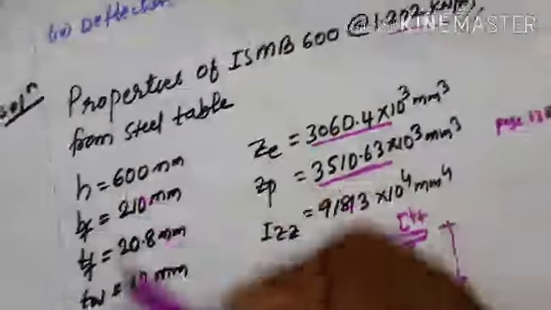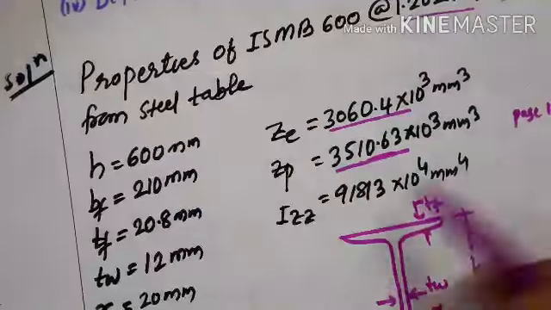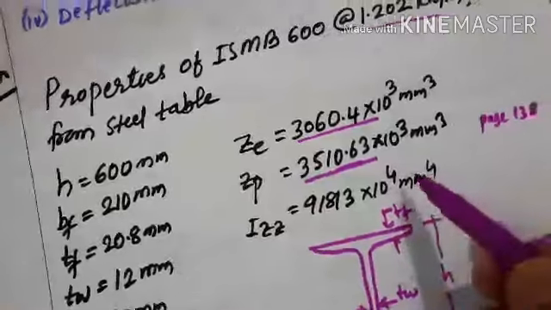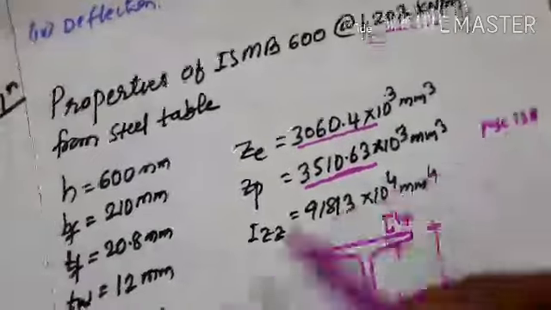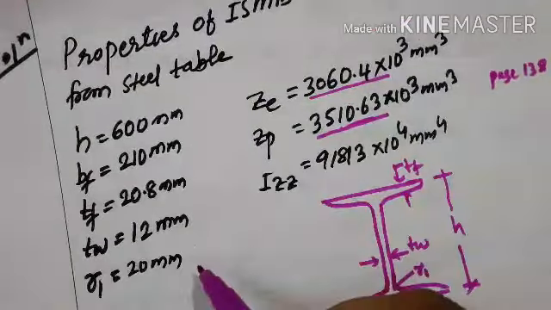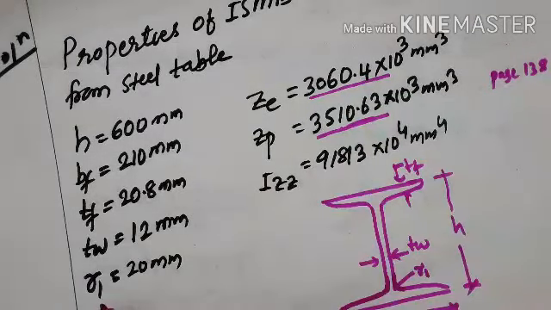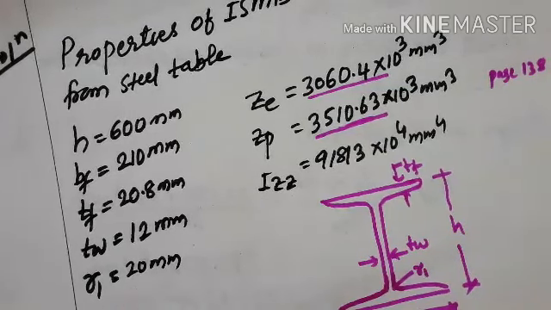There you may get all the properties in IS 800 2007, but some properties may not be given in IS 800 2007. For that you can refer to the steel table and take it. R1 cannot be given in IS 800, so for that you have to refer to the steel table and get the value.